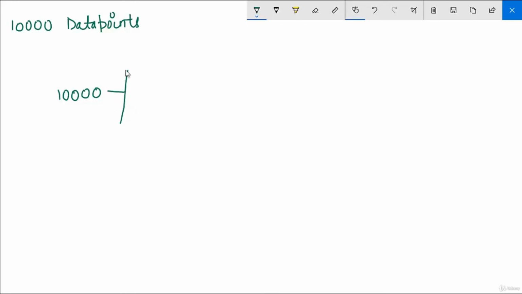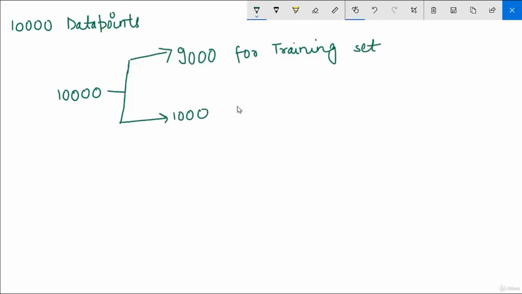Similarly, 6 values won't be there when you're working on real projects. Suppose we have 10,000 data points. Out of that, I have provided 9,000 for training, used as the training set, and the remaining 1,000 for testing or comparison.